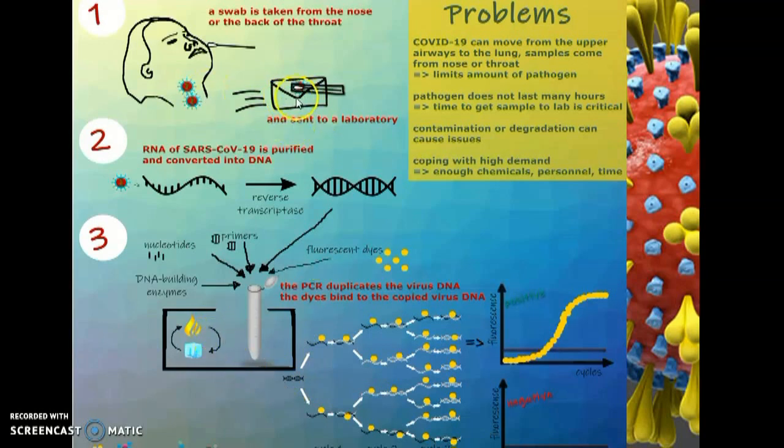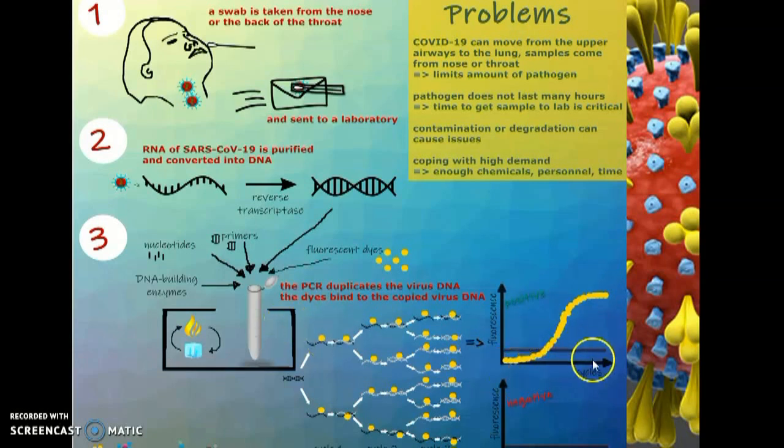If the sample contains the virus, the amplification of viral DNA occurs, and as a result, more and more SYBR Green dye binds to it, and it shows an increase in fluorescence as the number of cycles proceeds in the PCR machine.